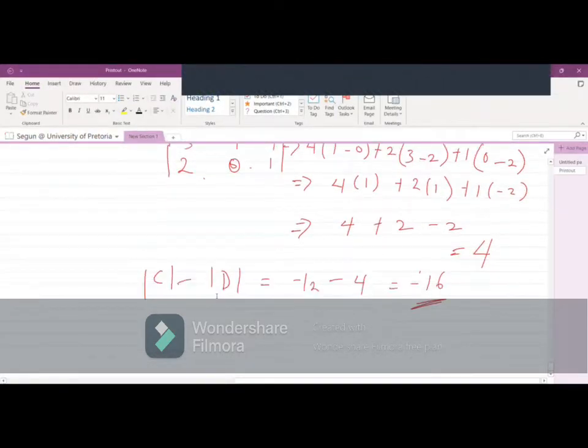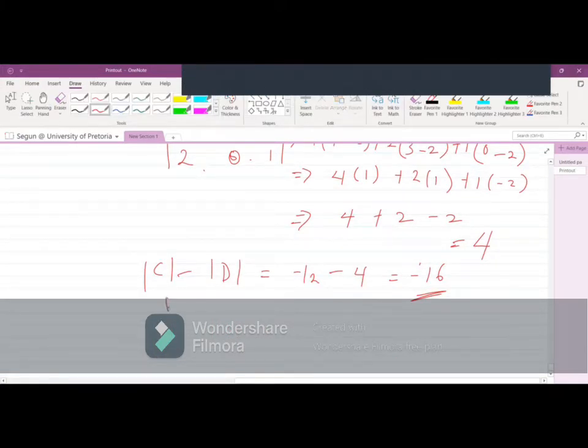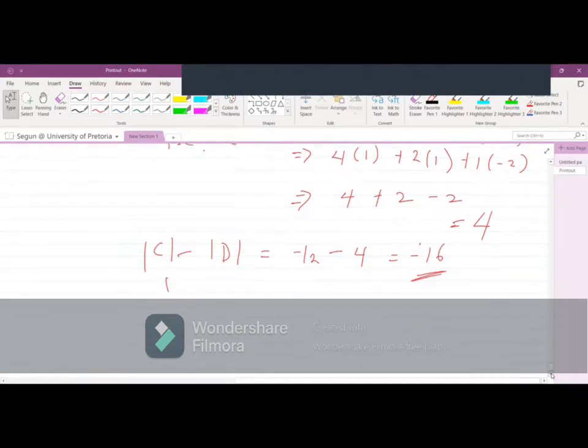Okay, part of what we did last week was this one, and for today, like I said, it's going to be the inverse of a matrix.